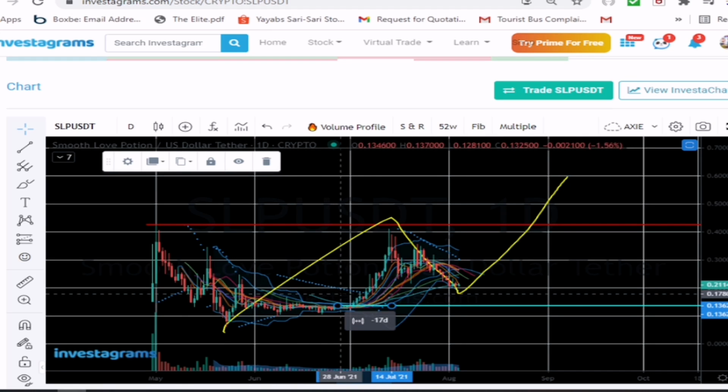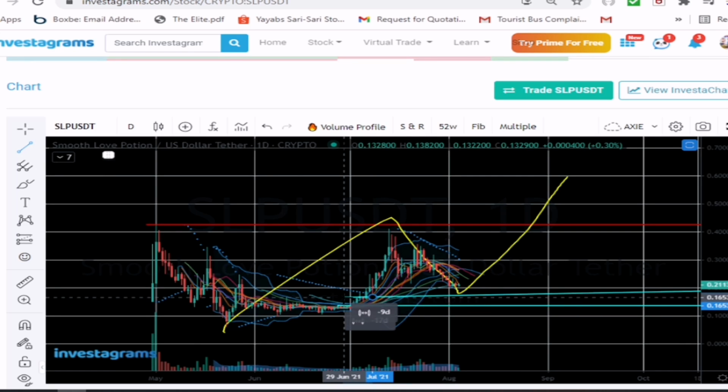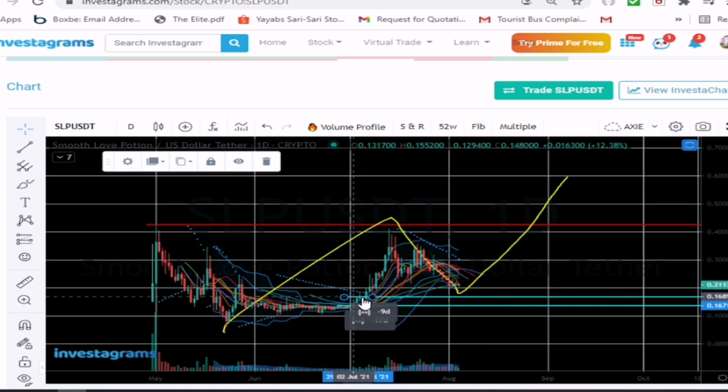Kung meron ba tayong support pad ulit dito once na na-break natin yun. Ito siguro yung support natin. Check natin to, baka pwedeng ito yung support natin. So, pwedeng ito yung maging support natin dito, riders, no? Kung hindi ito yung pinaka-bottom niya, pwedeng bumagsak pa siya dito hanggang dito.